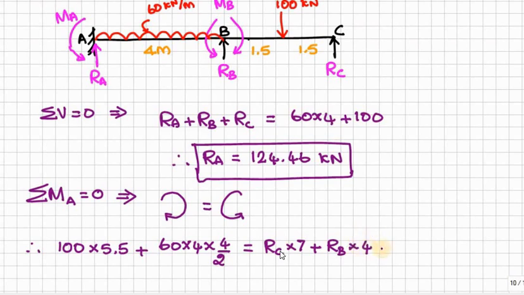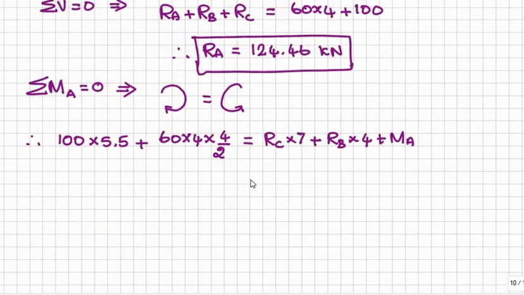Therefore, plus MA, of course. MA is also acting in the anti-clockwise direction. Therefore, MA is equal to 85.97 kilonewton meter.